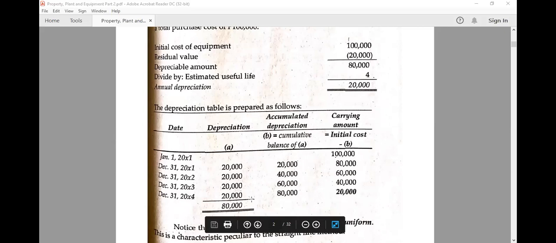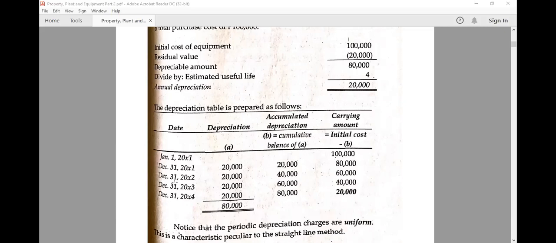Depreciation would be constant. Accumulated depreciation is the sum of all depreciation expenses of the previous year or years and the current year. So example, for December 31, 20X1, this is the first year, depreciation expense is 20,000. And because this is the first year, there is no depreciation expense in the prior year. 20,000 plus 0 equals 20,000.